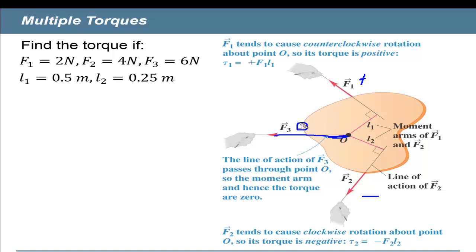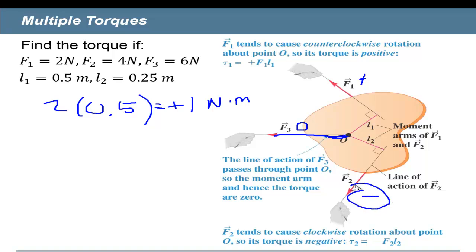So if we sum these up, F1 will give us a positive torque. F1 times L1 is 2 times a half, and that's going to be a positive 1 newton meter. And just to spare you from having to see me write this on the screen, we can work out torque 2 created by F2, which would be 4 newtons times 0.25 meters. And we said this is going to be a negative torque, right?